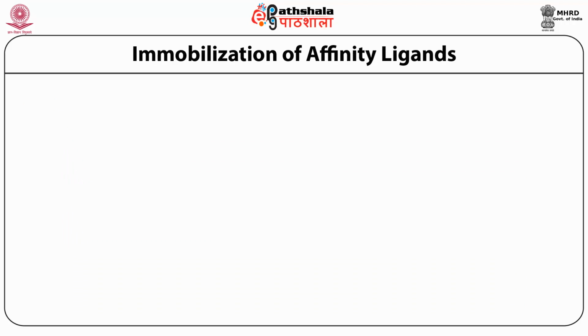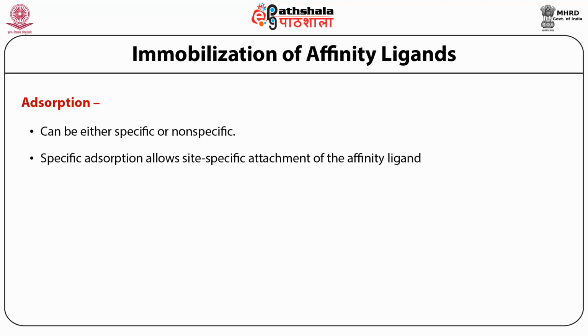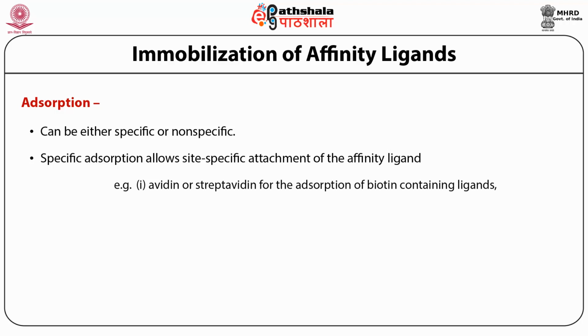Another strategy for immobilizing a ligand is adsorption. This is used for immobilization of a ligand on an affinity matrix, which might be specific or non-specific. In the specific immobilization adsorption method, attachment of the ligand is site-specific, and common examples are avidin or streptavidin, which are used for adsorption of ligands containing biotin.